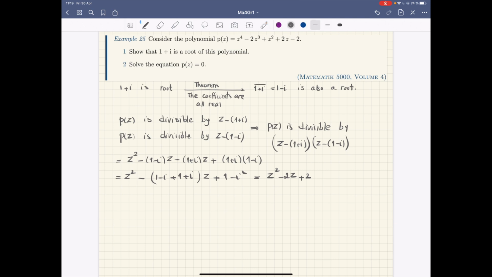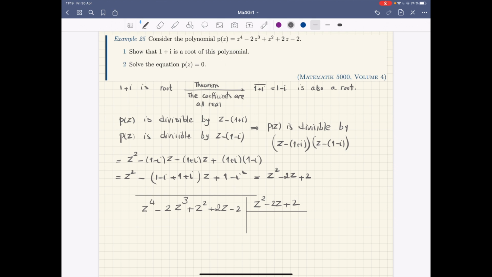For the second one, I will take z to the 4 minus 2z to the 3 plus z squared plus 2z minus 2, and then I divide this expression using the long division method. This is the first time that you are dividing by an expression with more than 2 terms. This is 3 terms, but you can solve the problem as before.